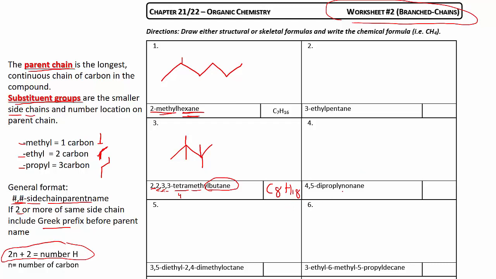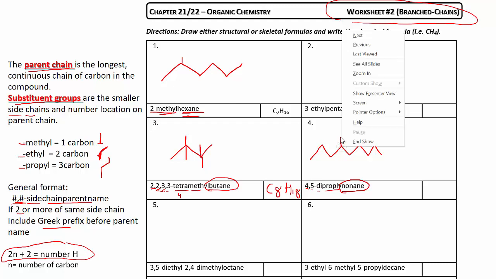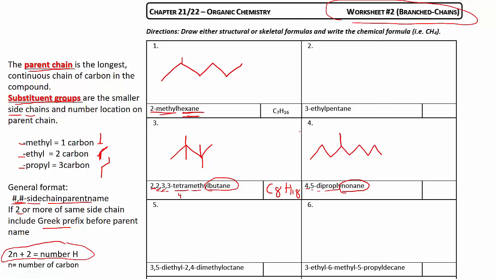On 4,5-dipropylnonane, nonane is our parent chain, and then 4,5-dipropyl means 2 propyls. Nonane has 9 carbons, 1, 2, 3, 4, 5, 6, 7, 8, 9. Then off the fourth carbon, we have a 1, 2, 3 carbon chain.